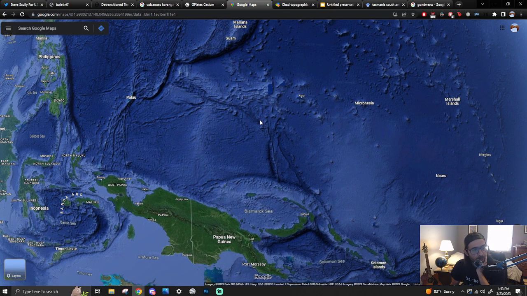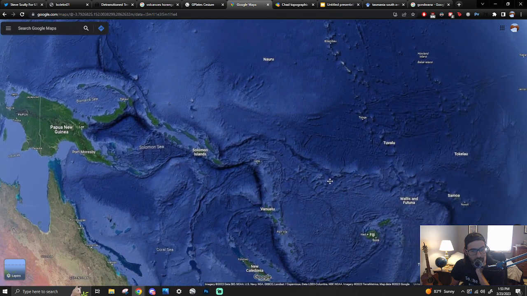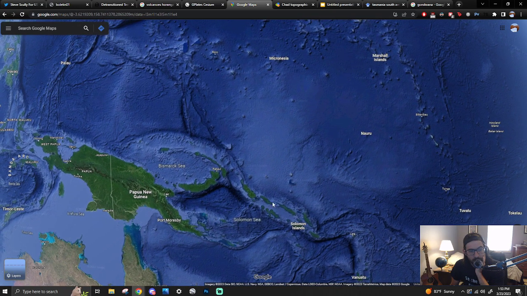Maybe leading to this too. Like it came up this way and it split, went this way or this way, through the nose of this bird head and out the tip.